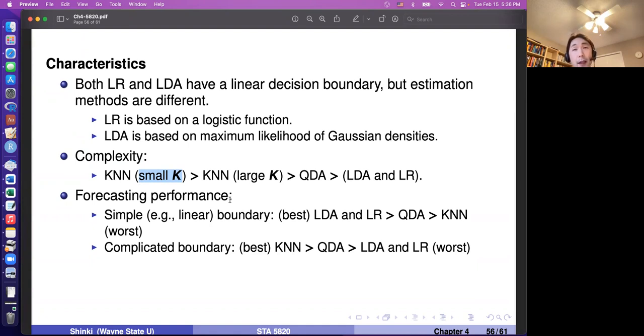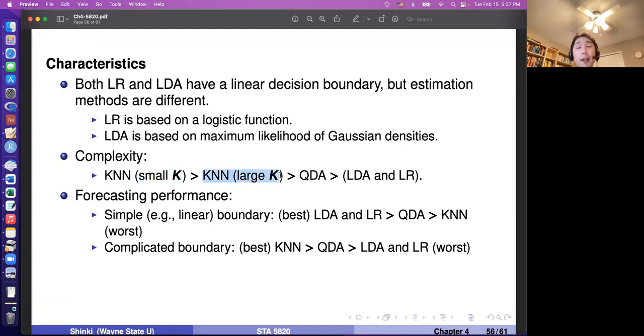For example, if K is 1, then for any point we choose just the one point closest to it. So it's a really flexible method, and even the boundary is really complicated. If the nearest point is obtained, we just follow that observation to make the rule.